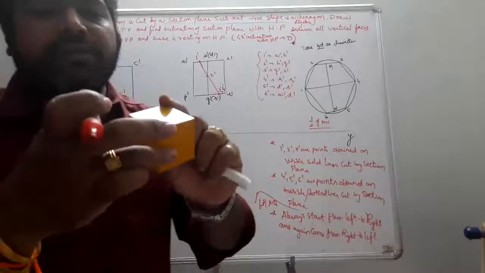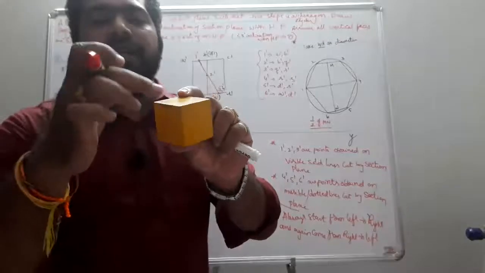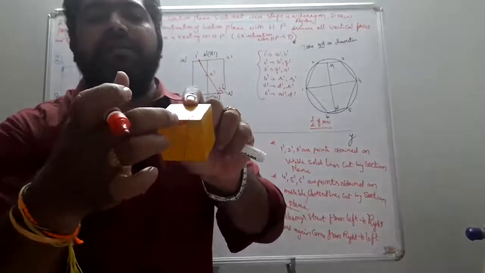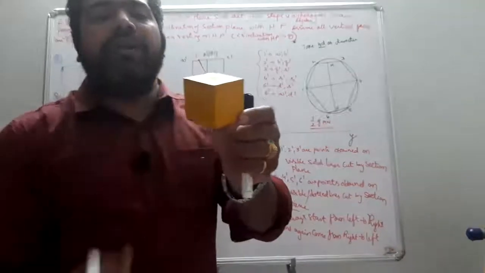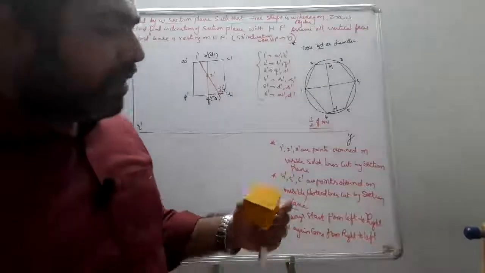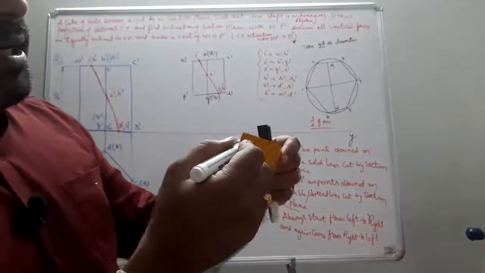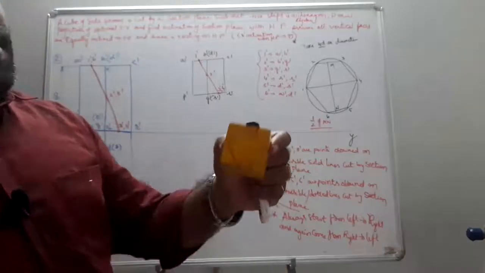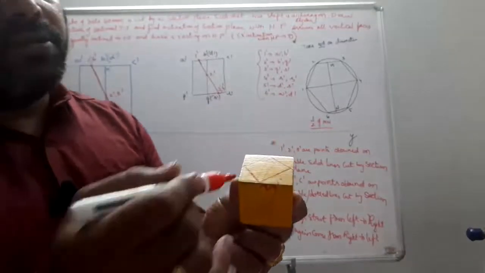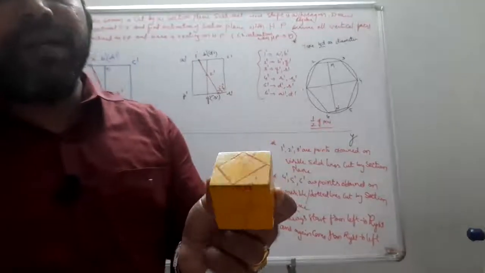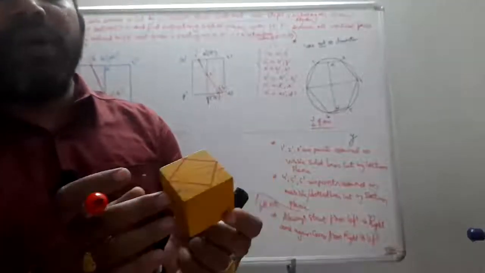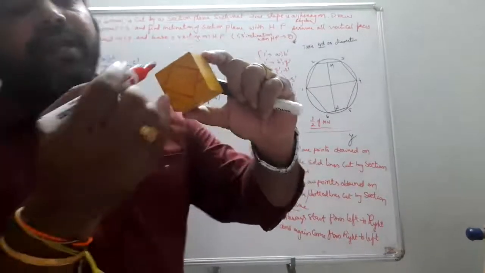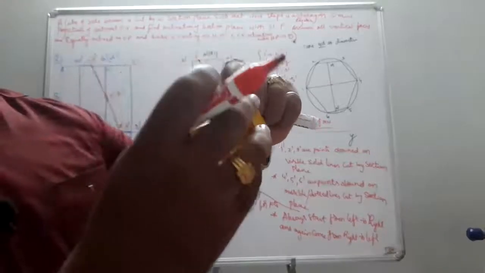So when you see this point like this, if your cutting line is going to cut in this pattern, you are going to have it like this. So this is your solid. When your cutting plane cuts in this pattern, you are going to have your points. If your cutting plane cuts in this pattern, let us see what is going to happen.